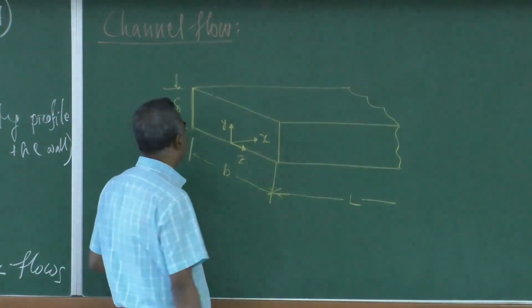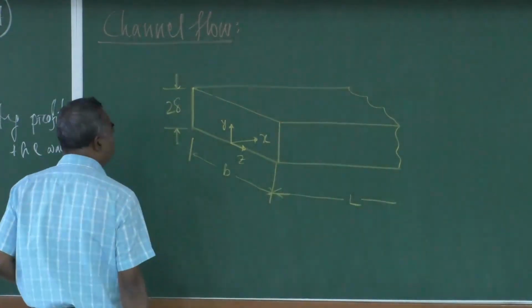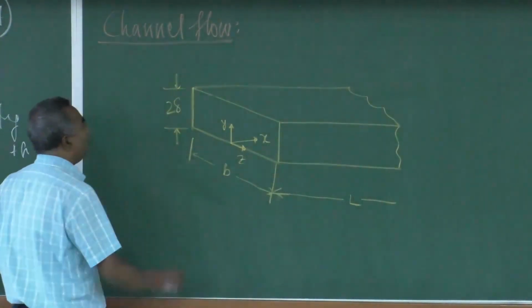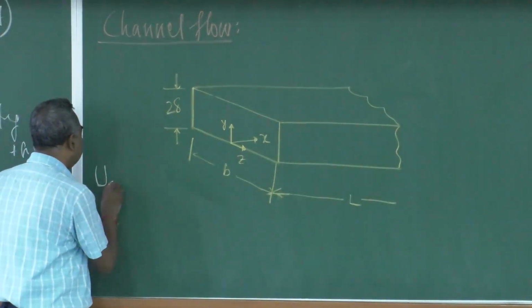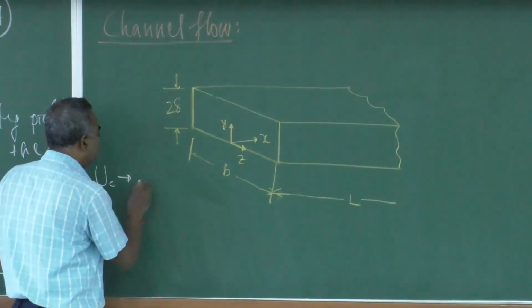Here there are two flow velocities. One is called the center line velocity, let us say u c.